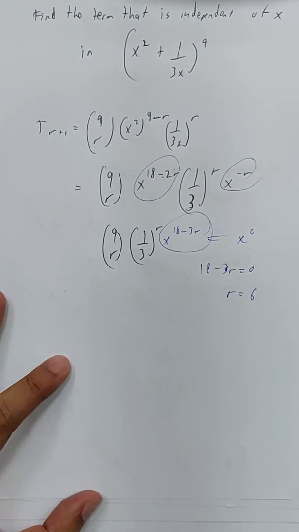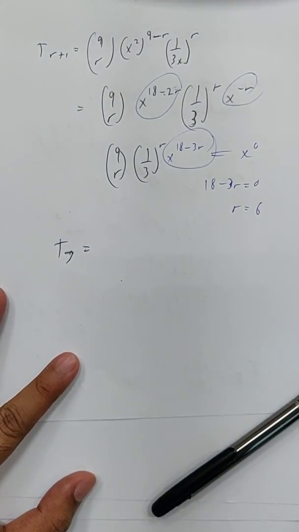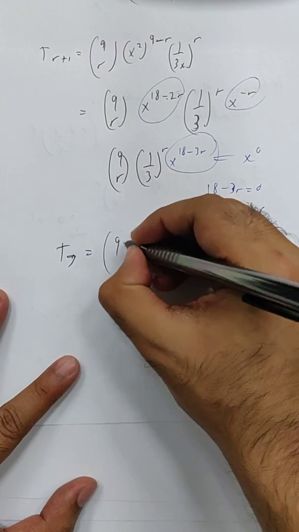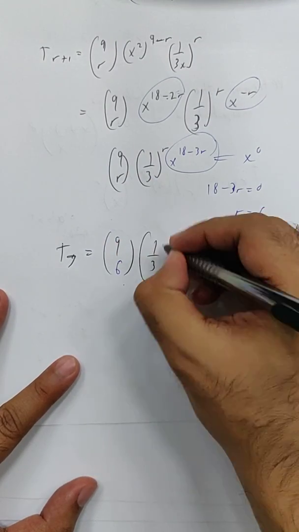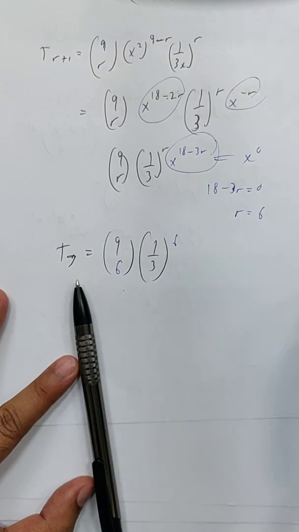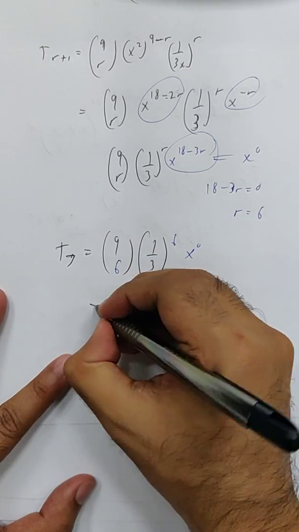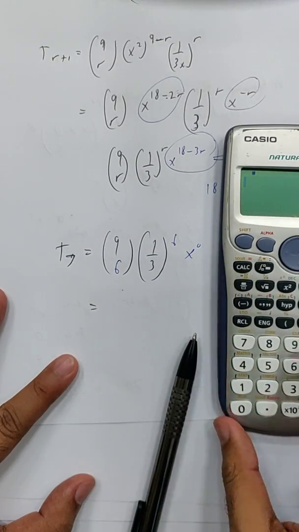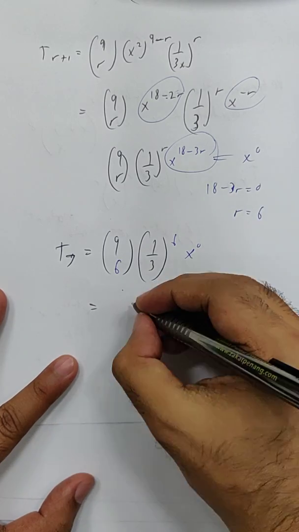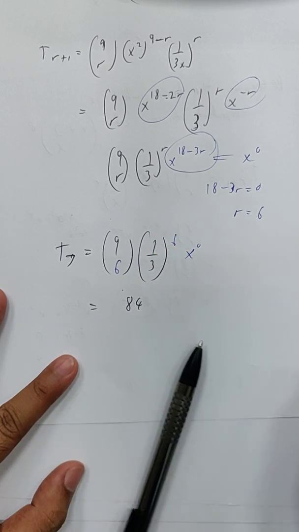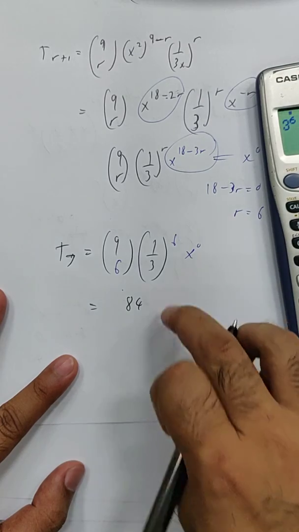Okay, so T7 equals 9C6 (1/3)^6 x^0. You don't have to write down x^0. 9C6 is 84, and this one 3 to the power of 6 is 729, so it's 1 over.